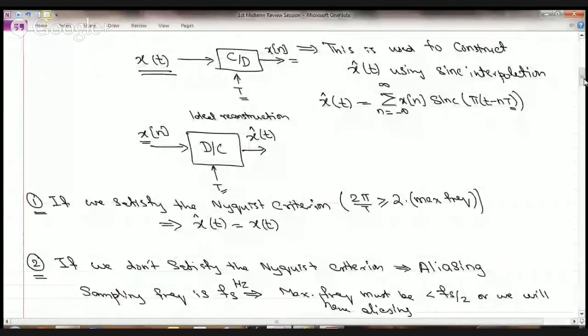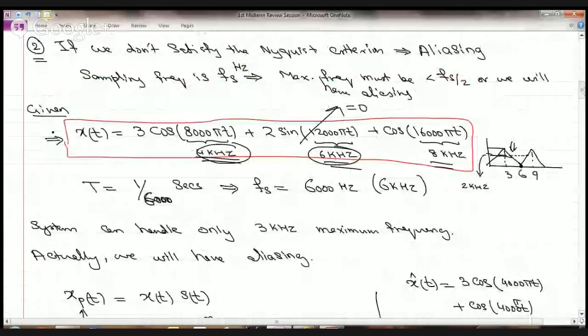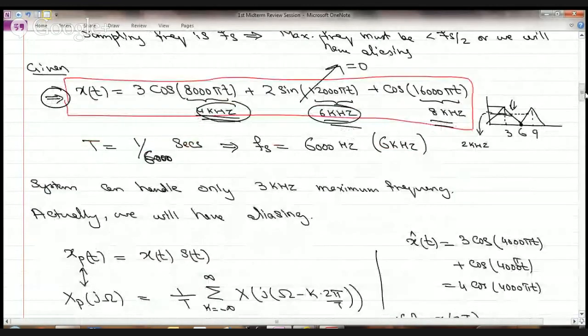Okay. So at the start of the class, we had looked at, this is your x of t that is given in your problem. And if you replace, so what is your definition of x[n]? Your definition of x[n] is x[n] equals x of nT.